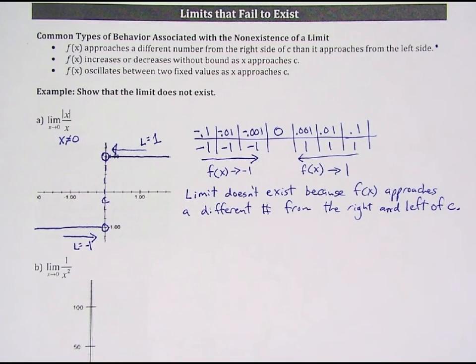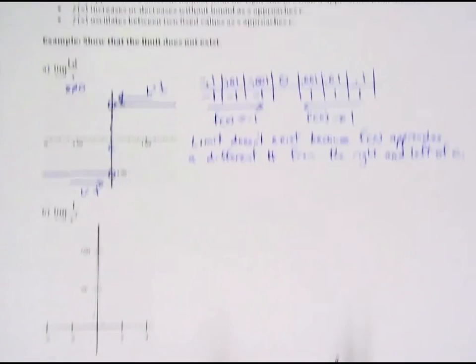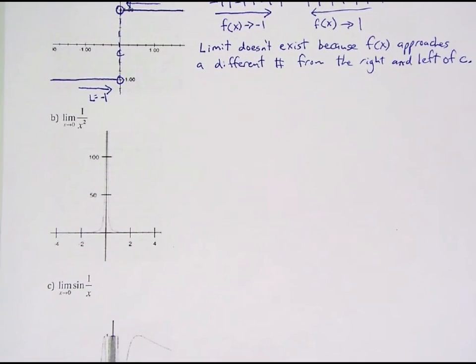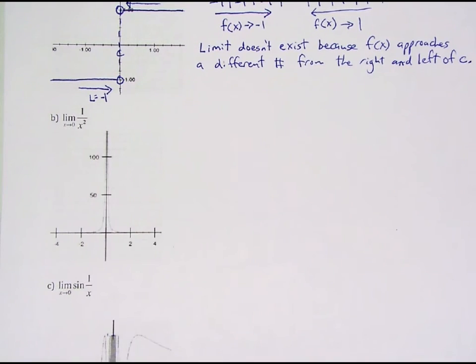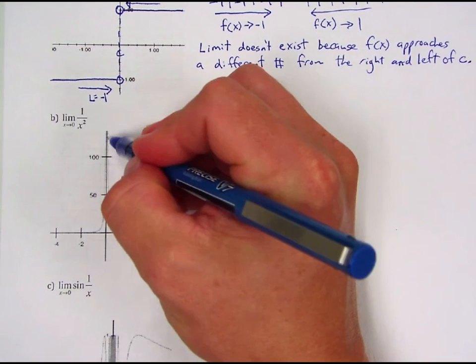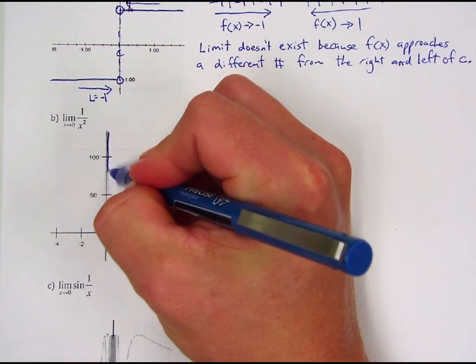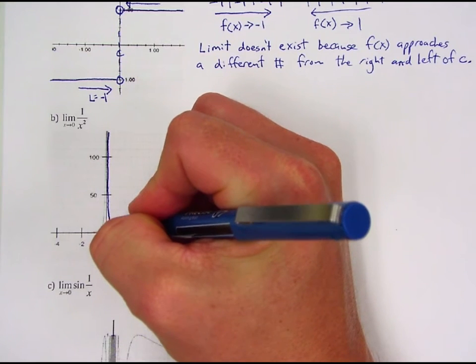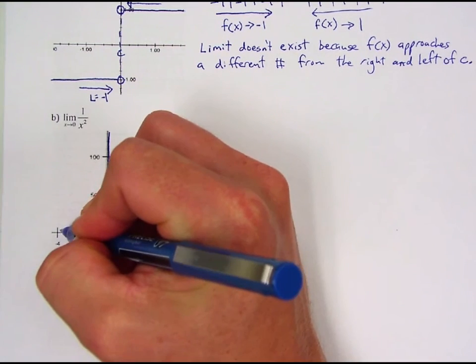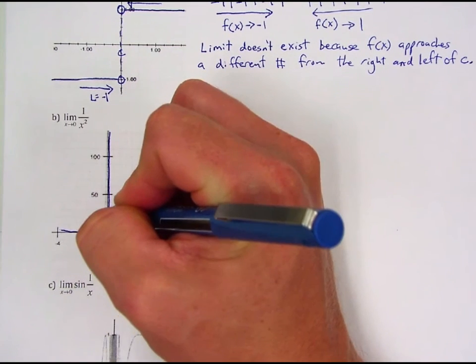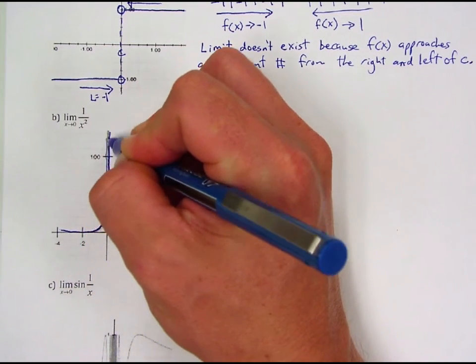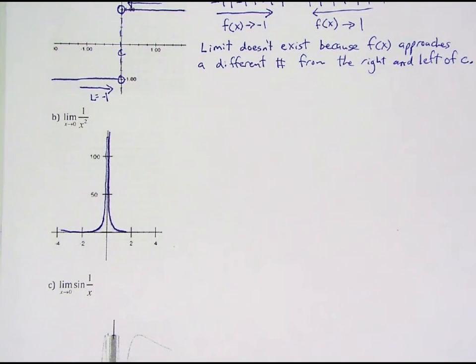All right, let's move on to our second one. Example B. Here we have the limit as x approaches 0 of 1 divided by x squared. So you can see here the graph of 1 divided by x squared. And again, because pixels have a thickness, a lot of times your graphs don't become very clear.